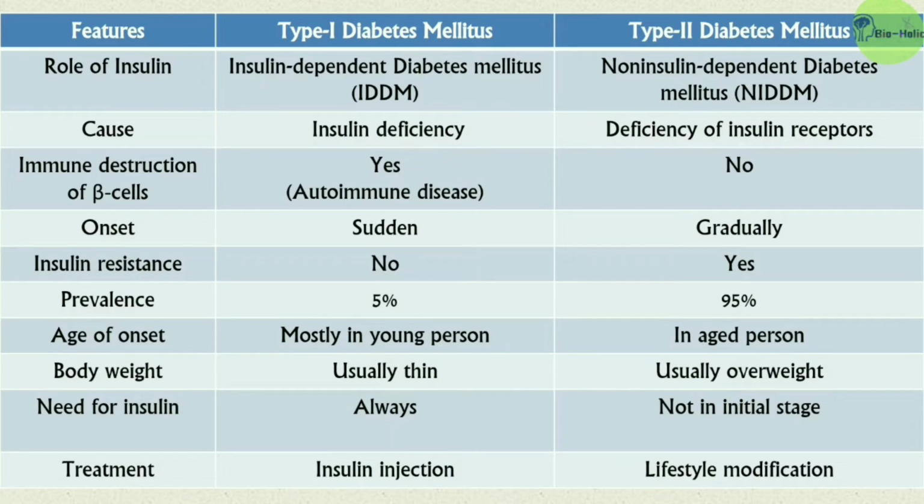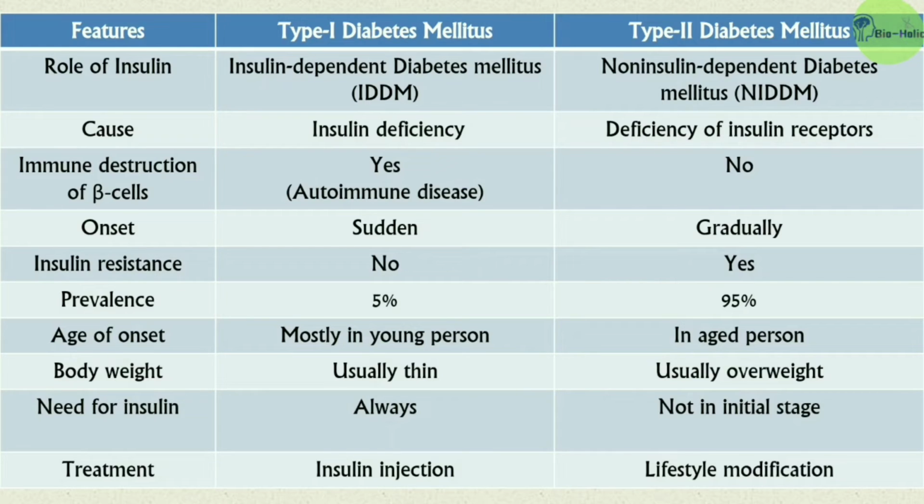The cause of type 1 diabetes mellitus is insulin deficiency, while the cause of type 2 is the deficiency of insulin receptors. In type 1, there is immune destruction of beta cells, so this is a type of autoimmune disease. But in type 2, there is no immune destruction.